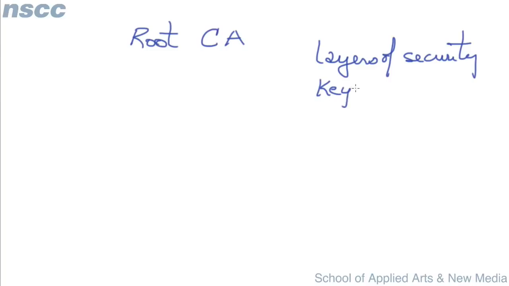Now, root CAs, their certificates have to be kept behind numerous layers of security, because the private keys of root certificates we have to make sure that they're absolutely inaccessible. If the private keys are compromised, then all the certificates based on a root CA are compromised as well.